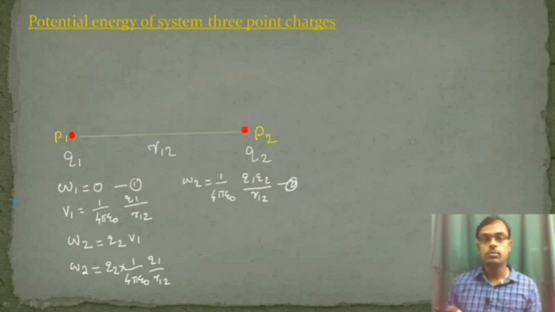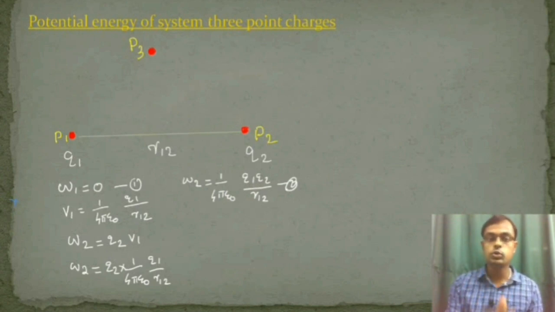Now just think about another position P3. Now you want to bring another charge Q3 from infinity. Is work required? Yes, work has to be done. Why? At position P3, there are two potentials. Which are the two potentials? One is due to charge Q1 and another one is due to charge Q2.